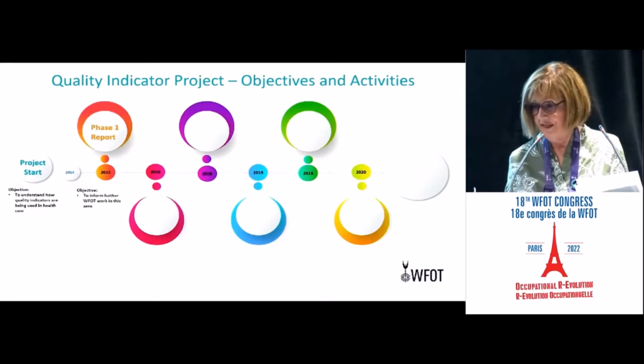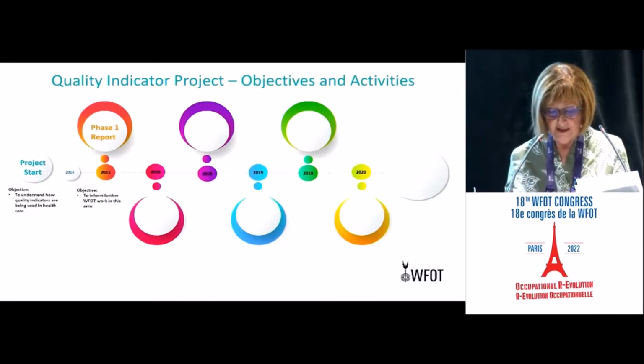In 2015, a second phase of the quality indicator report was initiated with the objective of defining a global set of indicators that describe occupational therapy in an interdisciplinary practice environment.